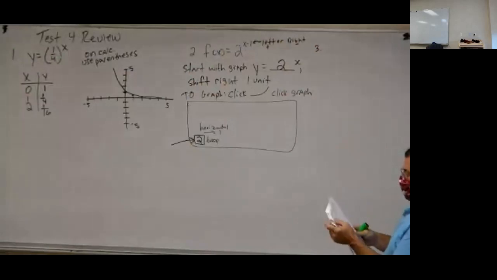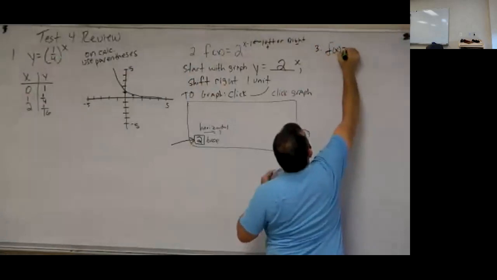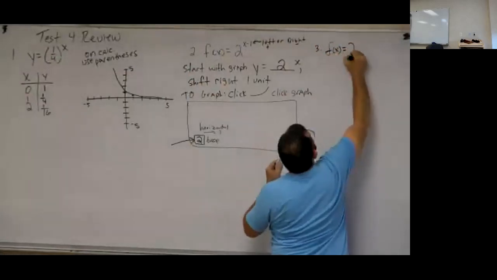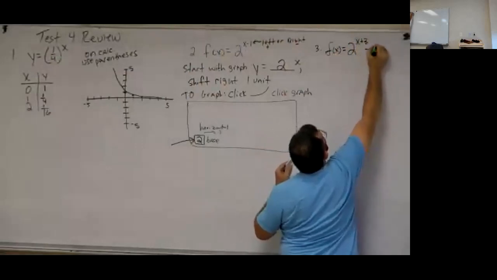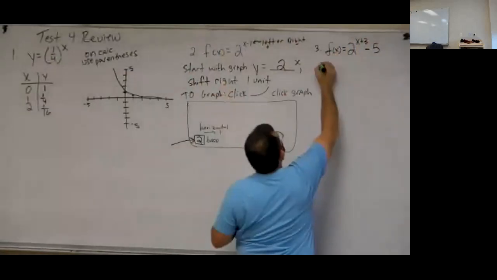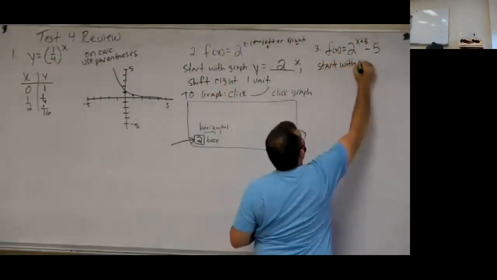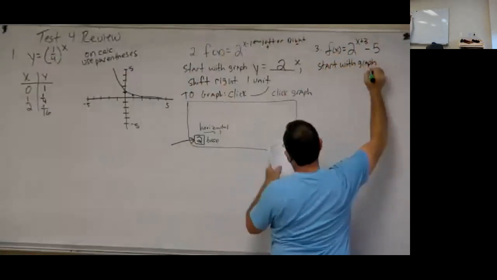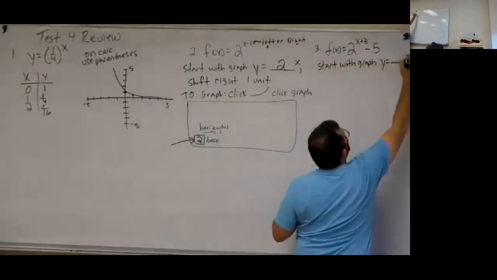So 3 is f of x equals 2 to the x plus 3, and then it's minus 5. So it's going to start with the graph of y equals blank to the x.